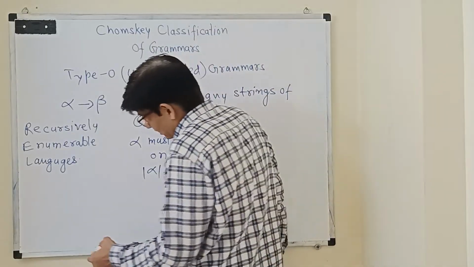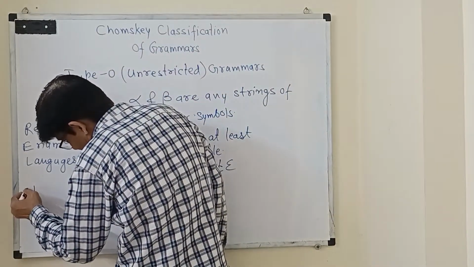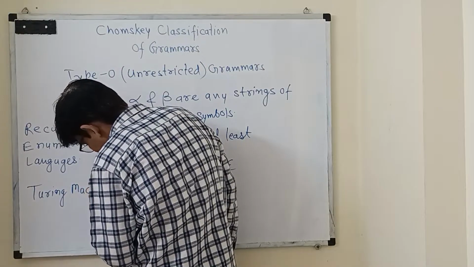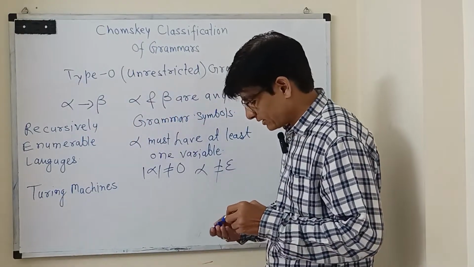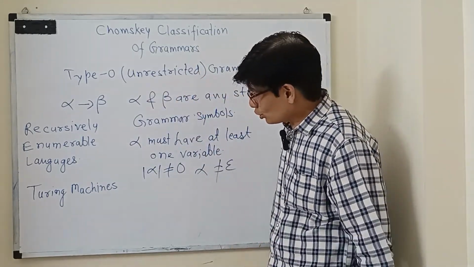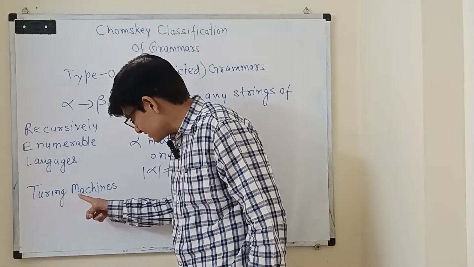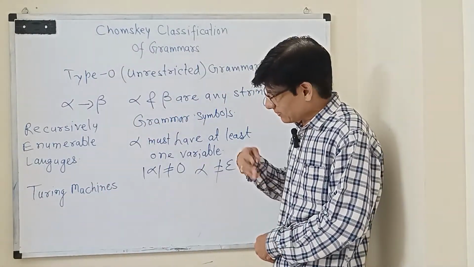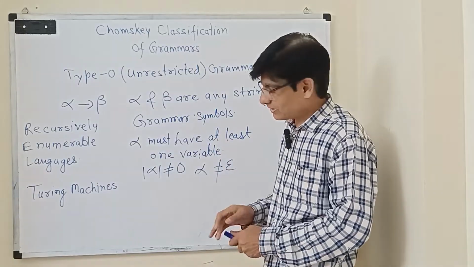One mathematical model, which is called the Turing machine, is used to implement unrestricted grammar on a computer system. We will discuss these mathematical models in much detail in upcoming lectures of this playlist.